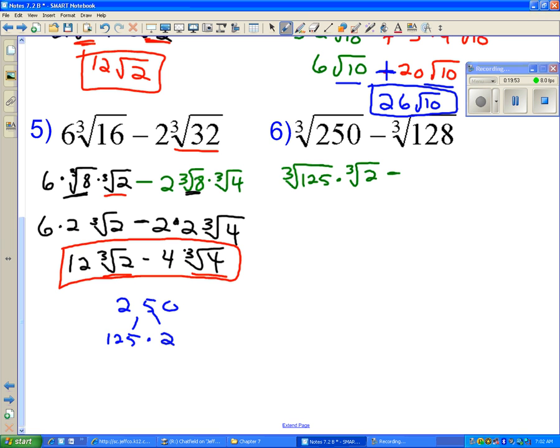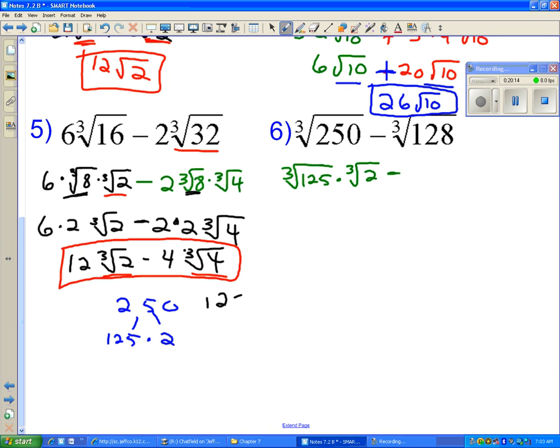So now I need to find the cube root that goes into 128. So I'm looking at 128. I look at my cube roots. 125 is a cube root, but that doesn't divide into 128 evenly. 64 is a cube root, and that does divide into 128 evenly.